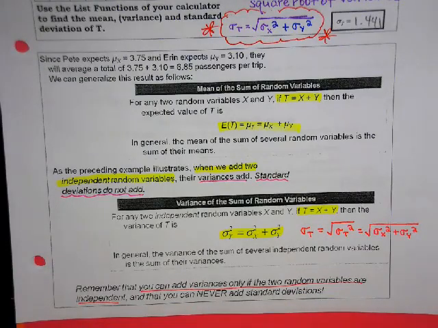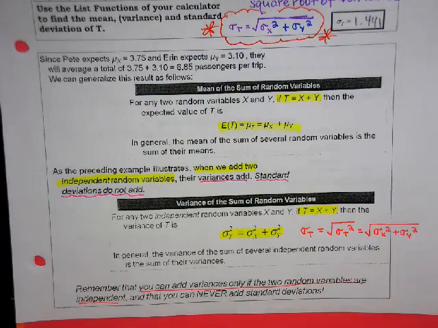Now, I won't always ask you to add variables. I can also ask you to subtract them. Rather than have you go through a whole other example, I just took the same type of summarization.